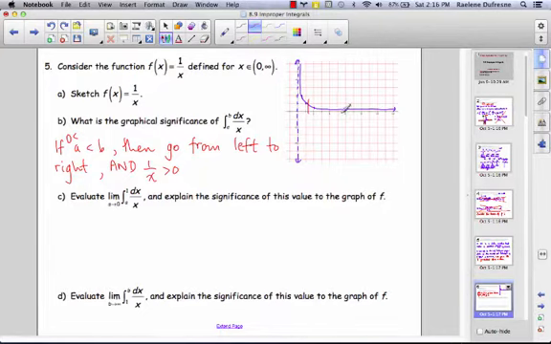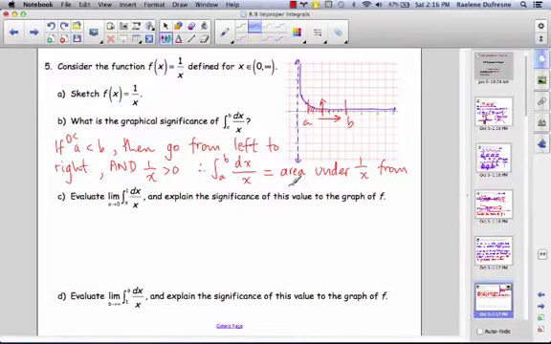So if we're taking a segment of the graph like this, where this is a and this is b, we have a positive width, we have positive height. So this integral represents the area under the curve from x equals a to x equals b.